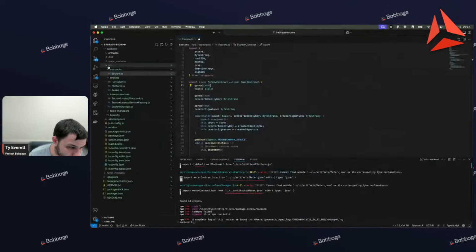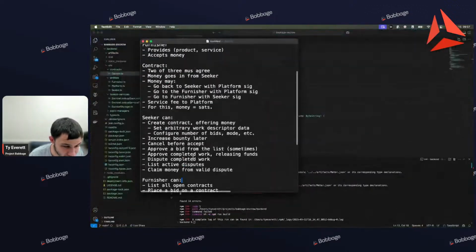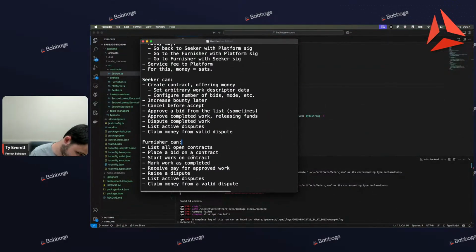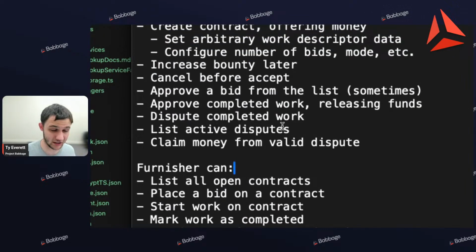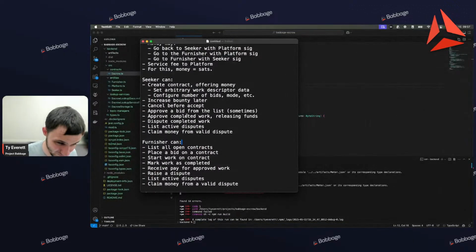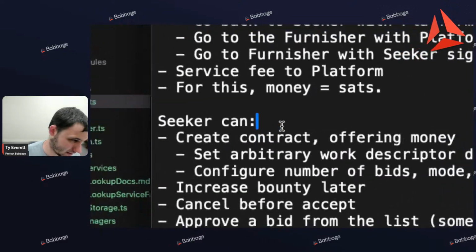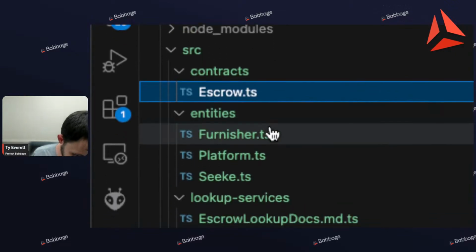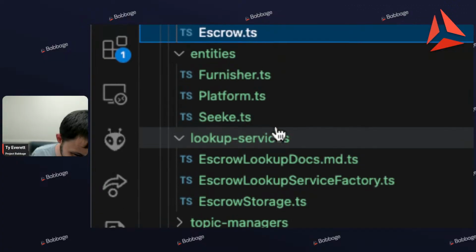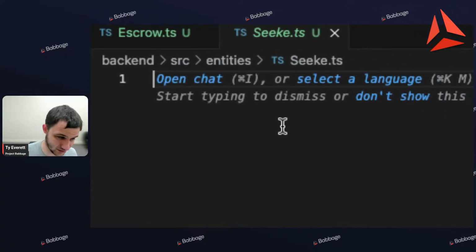I would like to fall back to my list of what each entity can do, and then try to start with some pseudocode for the classes that describe each of these entities so that we can then scaffold out from there and derive and make eventually concrete all of the things that we need. So let's make a seeker class then to start, because I'm looking at the sCrypt here and my eyes are glazing over. It's like, how can we do this simpler and better and do it the best way?